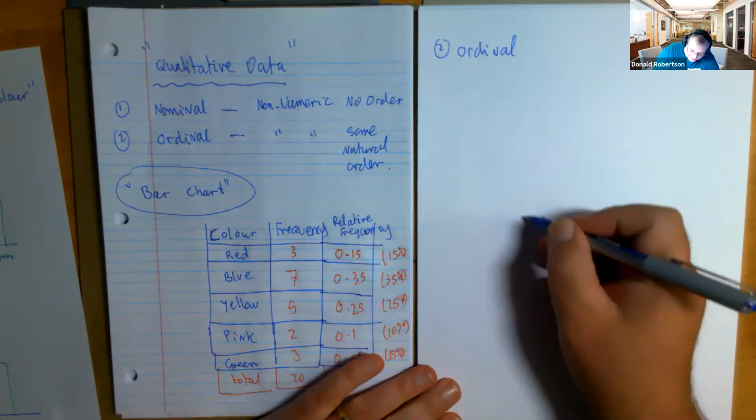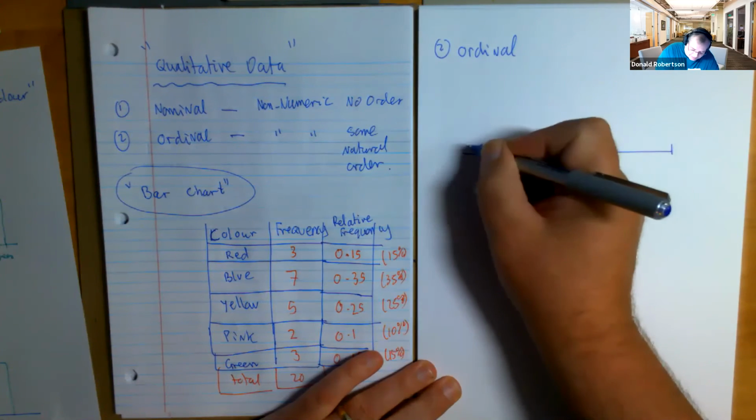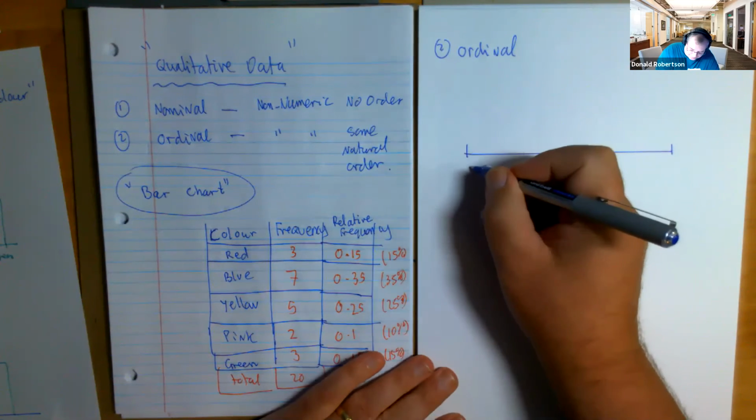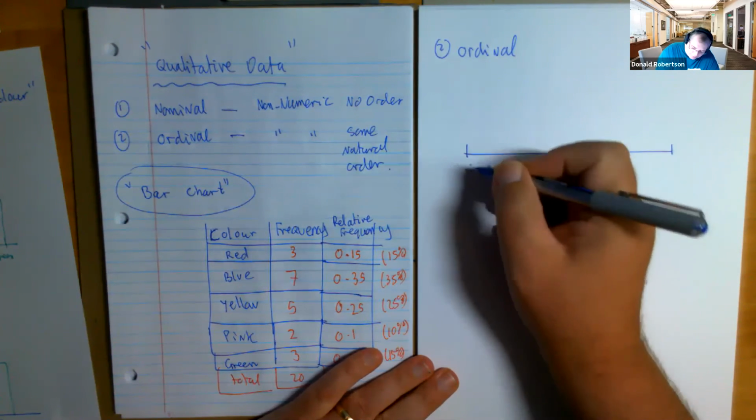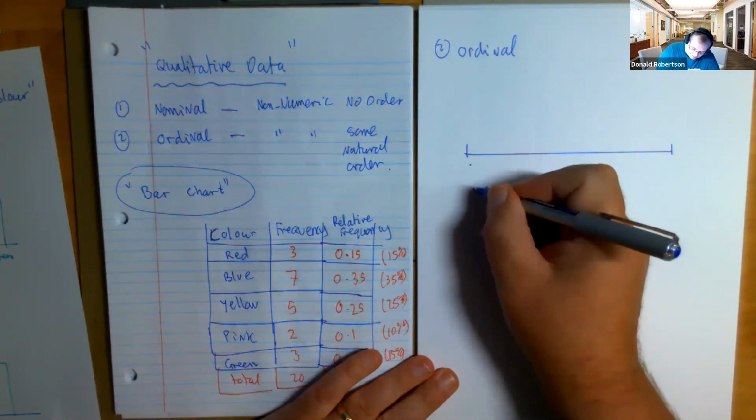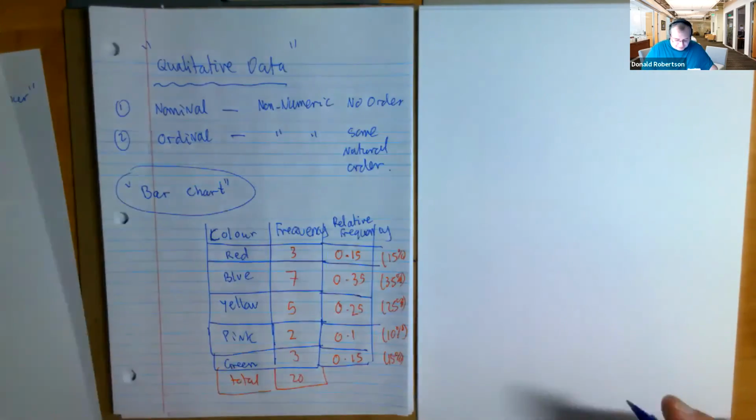Okay, we're going to have, what are we going to have here? I need a different piece of paper.